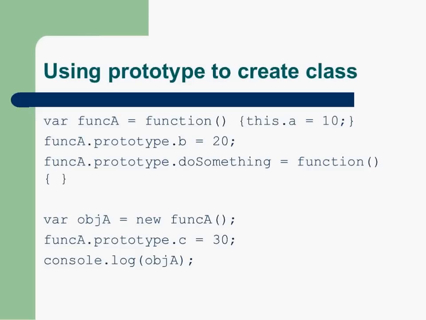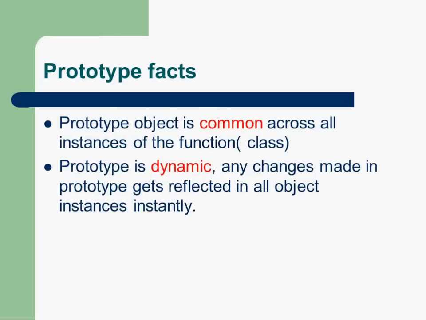Function A's property will be available. If we call it without creating an object and there is no scope, then it will point to the window. Okay, go back. We have two more. One fact about prototype we already discussed.